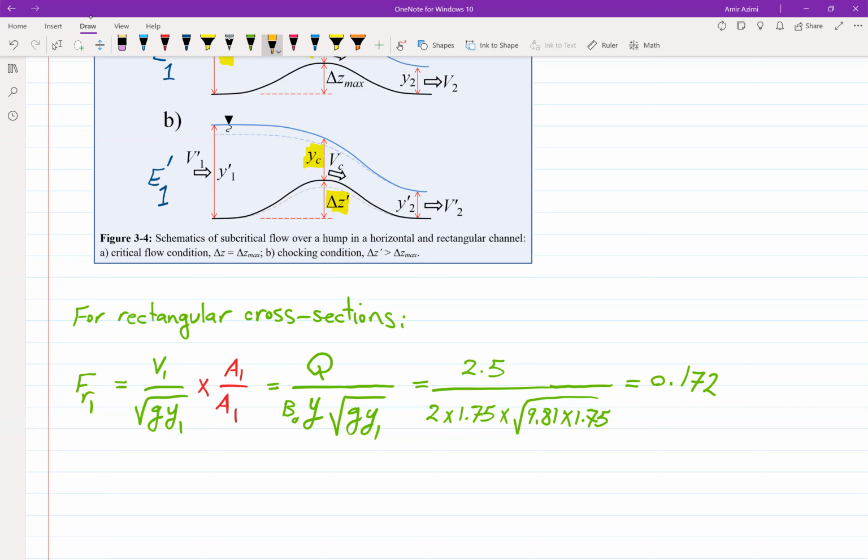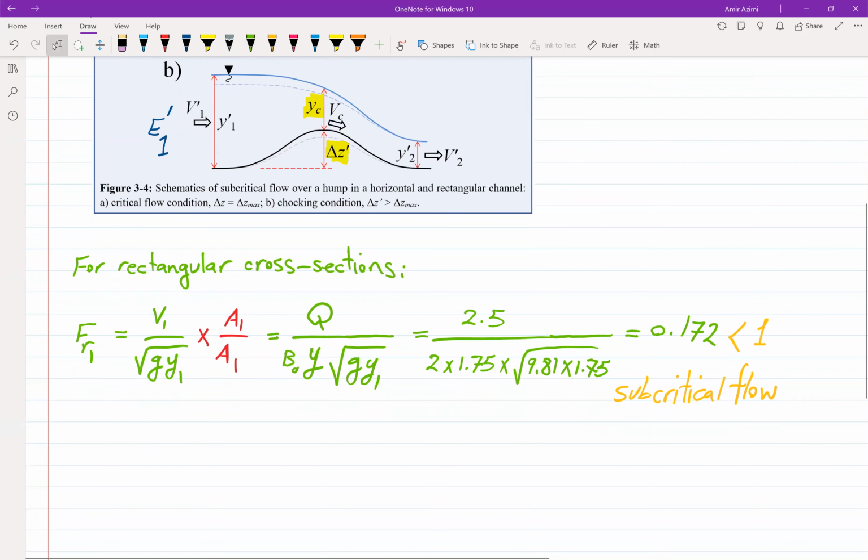So this is less than 1. So the flow is subcritical. So we have subcritical flow. So this is part A.